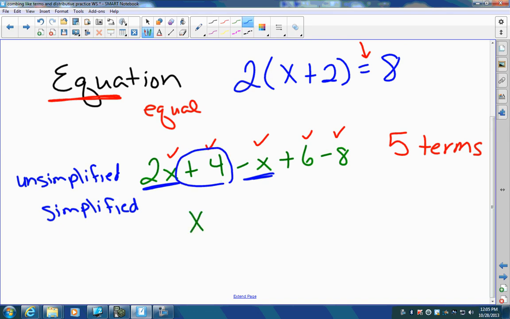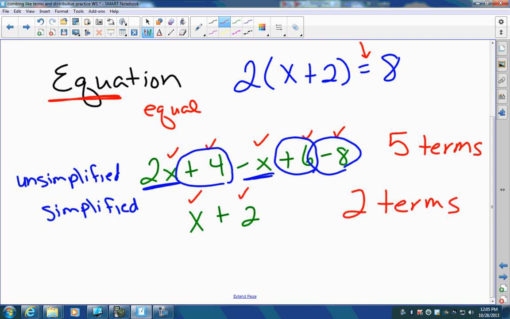Then I have 4 plus 6, which is 10, minus 8, which is 2. Now I have 2 terms. When you hear me talk about terms, it's just the individual things that I've written down here. Simplifying means we're just going to put the things together that are alike.